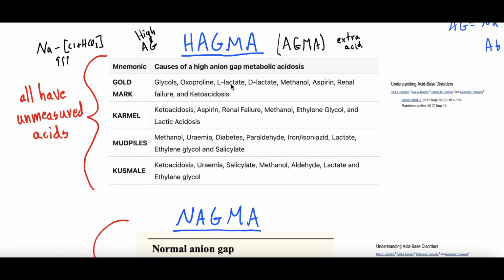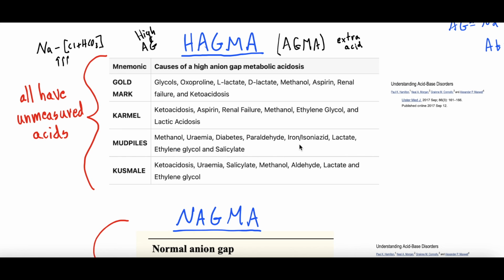So they all have unmeasured acids. These are some mnemonics people use: GOLDMARK, MUDPILES, Kussmaul. But the similar thing here to remember is all of them have extra unmeasured acids being produced, right? So G is glycols, O is oxoproline, lactate, methanol, which goes to formic acid, salicylates or aspirin, renal failure, keto acids, et cetera, et cetera.